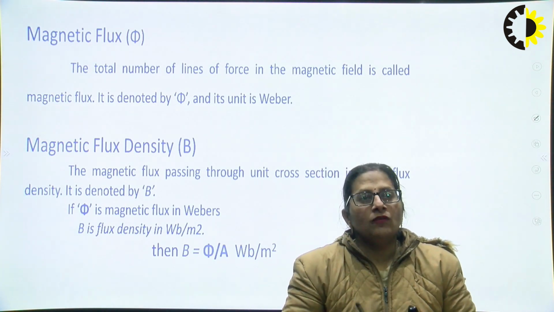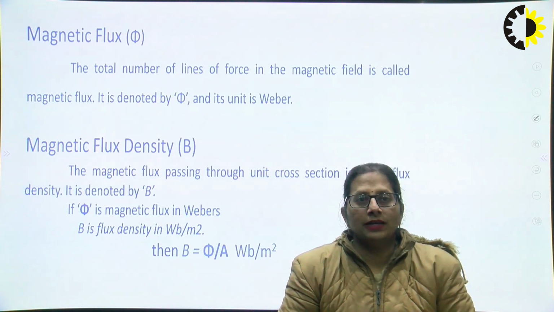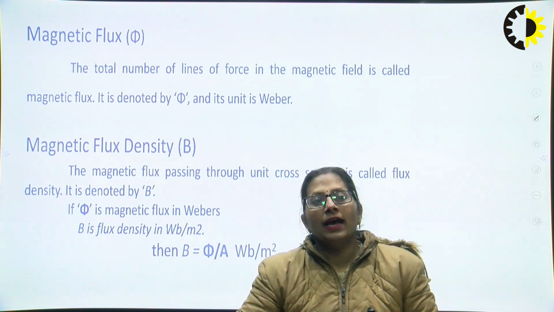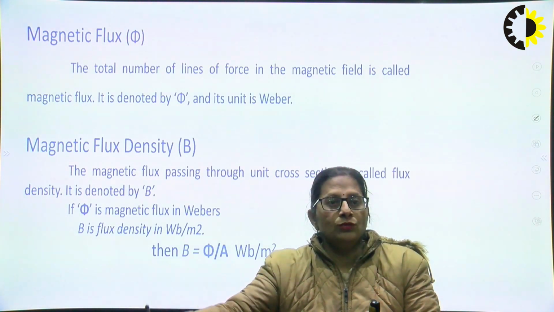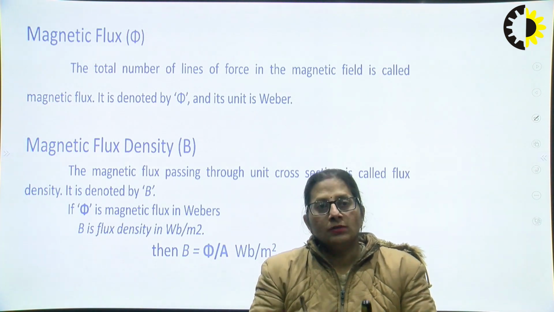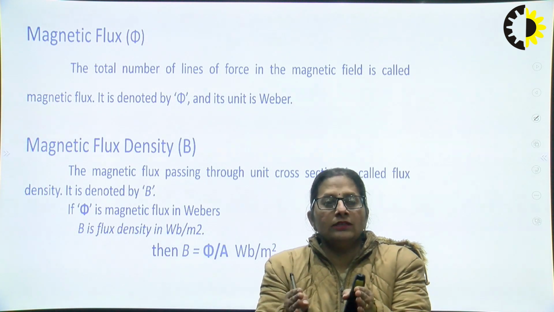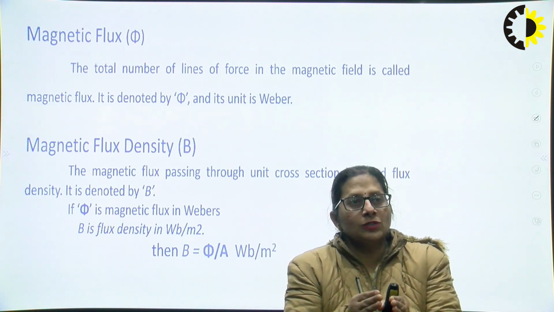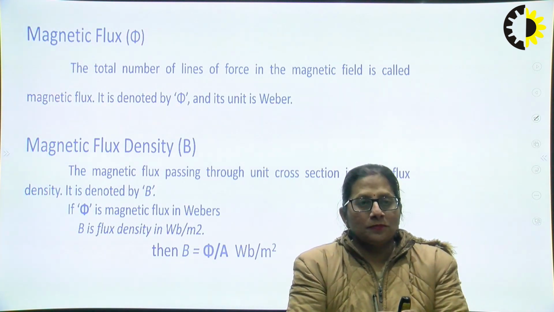Now, what do we mean by a magnetic flux, which is generally represented by phi? The total number of lines of force in a magnetic field is called the magnetic flux. Magnetic field is experienced because we have parallel magnetic lines of force running from North Pole to South Pole, which repel each other, right?